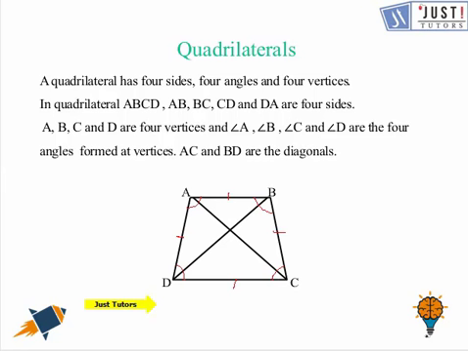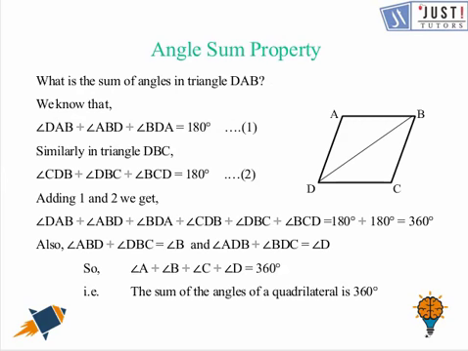Now let's proceed with angle sum property of a quadrilateral. So what exactly is angle sum property? For that, we have this quadrilateral here, which is divided into 2 parts by making a diagonal BD. So it has formed 2 triangles. What is the sum of angles in triangle DAB?